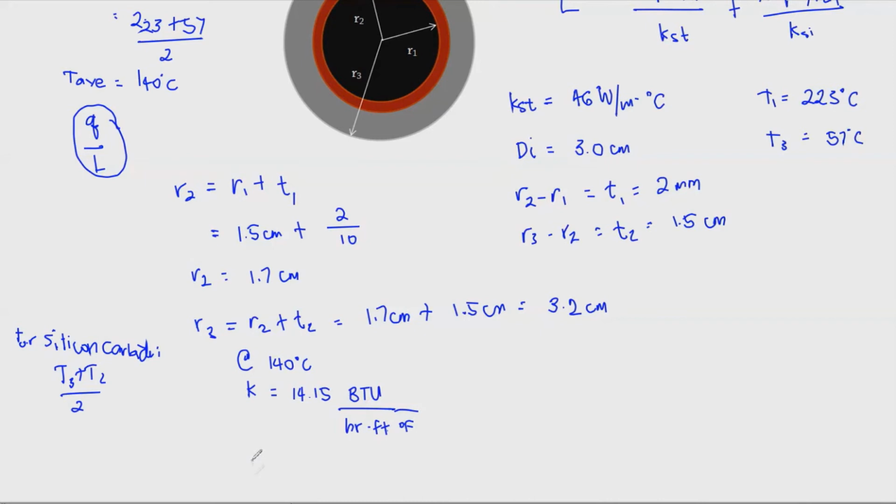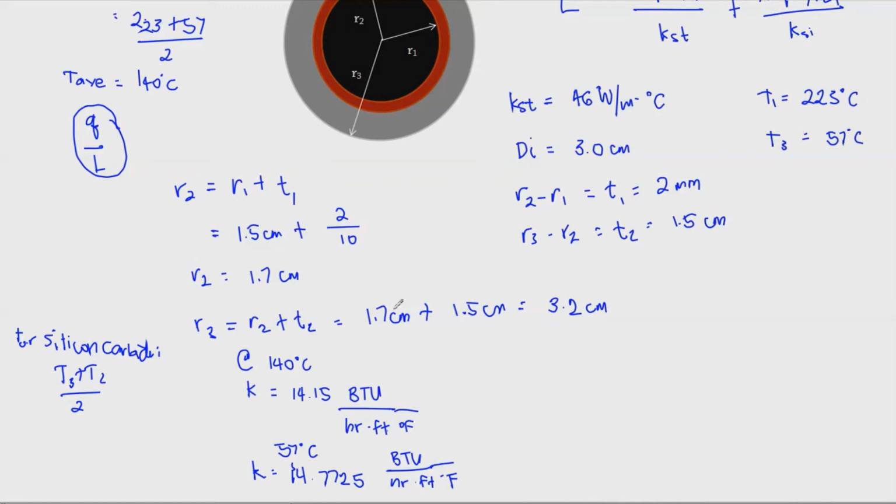And for our temperature at 57 degrees Celsius, what we have is 14.7725 British thermal unit per hour feet degrees Fahrenheit.